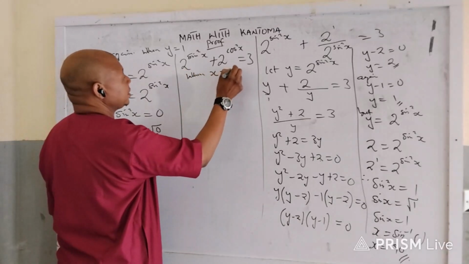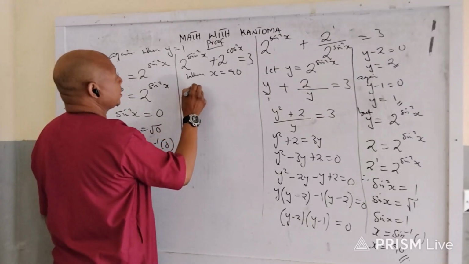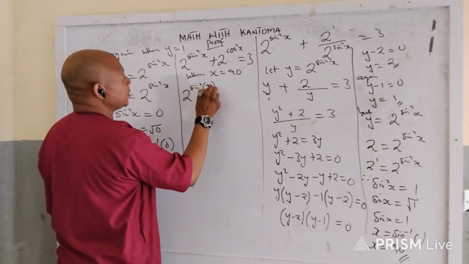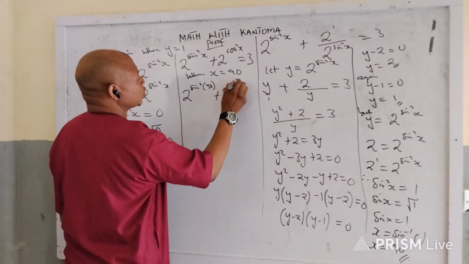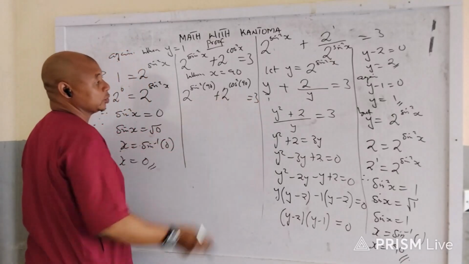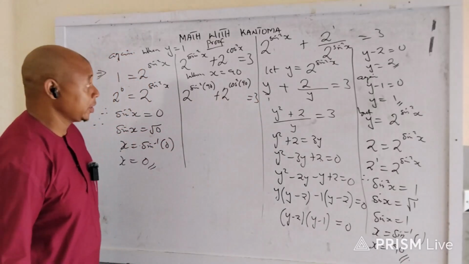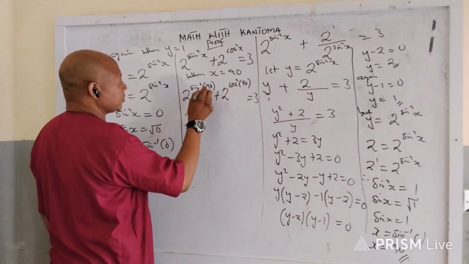When x is 90, substitute 90 for x here. We have 2 raised to the power of sine square 90 plus 2 raised to the power of cos square 90 must be equal to 3. If this value is not equal to 3, then the result is not correct. So now what is sine 90?